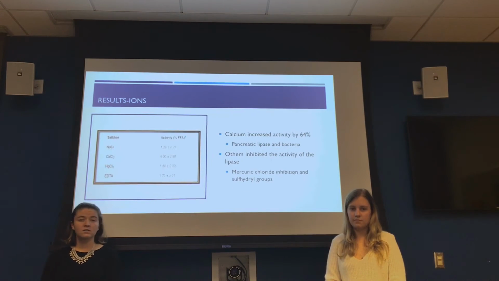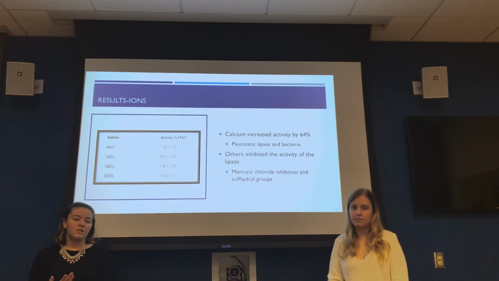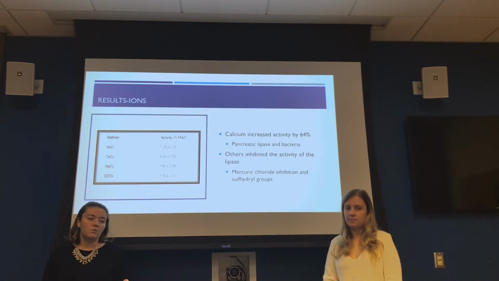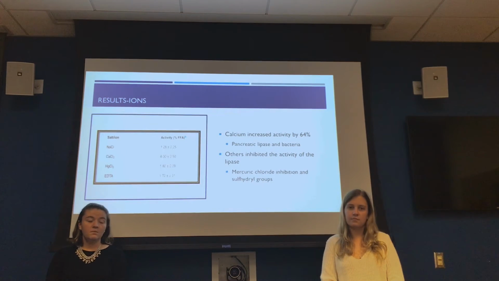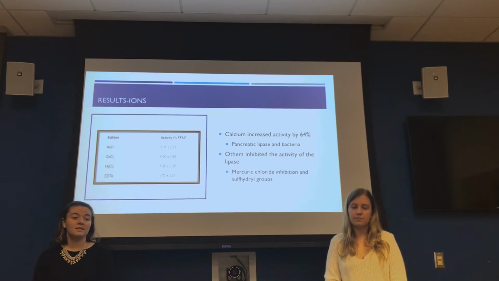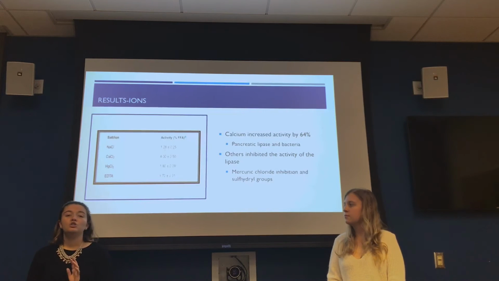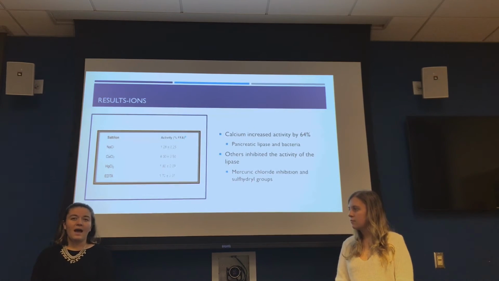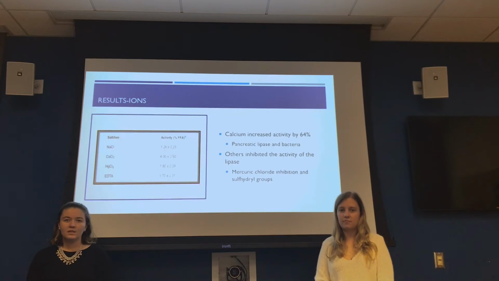And for ions, the ones they looked at were sodium chloride, calcium chloride, mercuric chloride, and EDTA. For calcium chloride, they found that it increased lipase activity by 64%, which is pretty significant, and this allows us to predict that our enzyme may have a predisposition for working well with calcium.